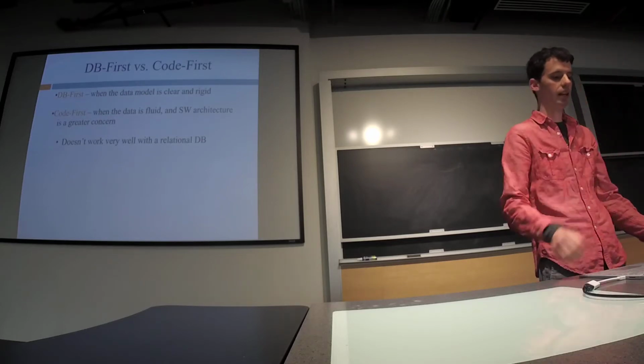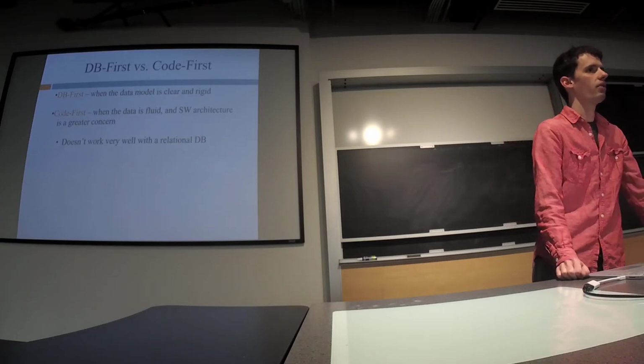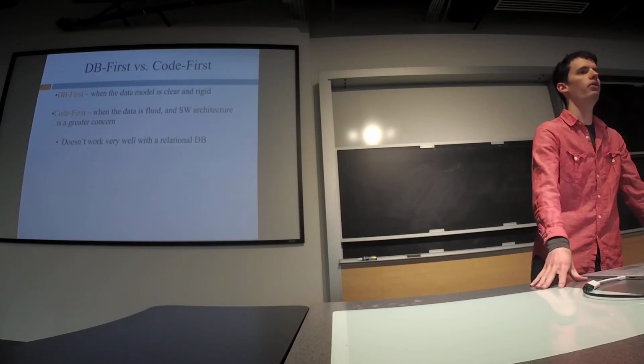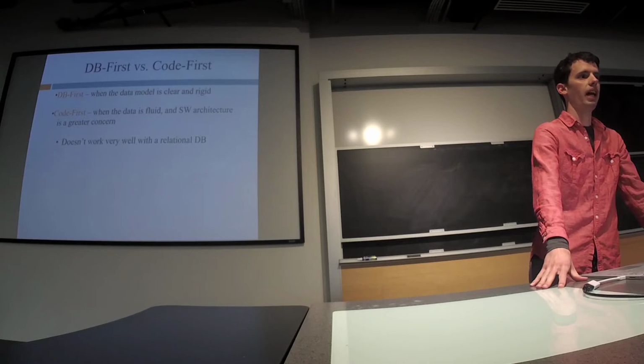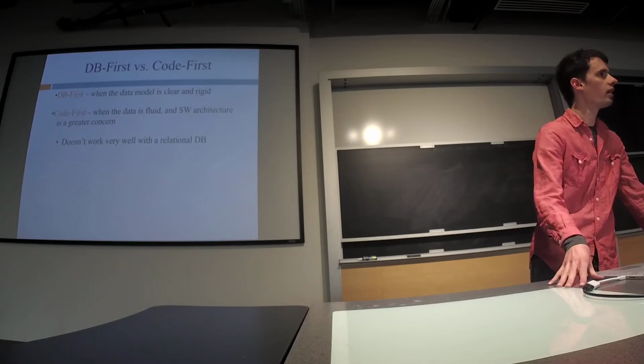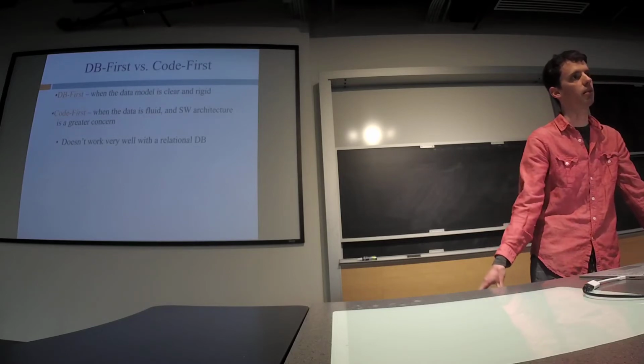What we've been doing is database first design. And this works very well for relational databases. The reason we did that is because the relational model is a stronger definition than the object-oriented model.